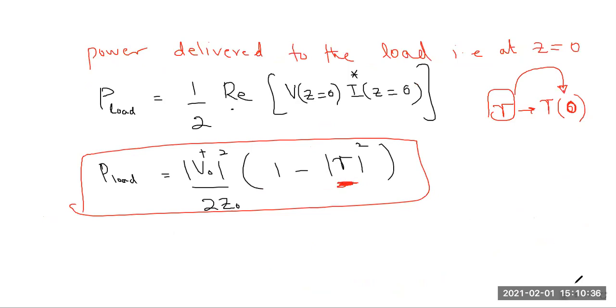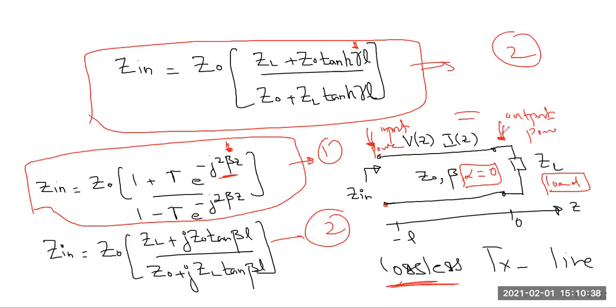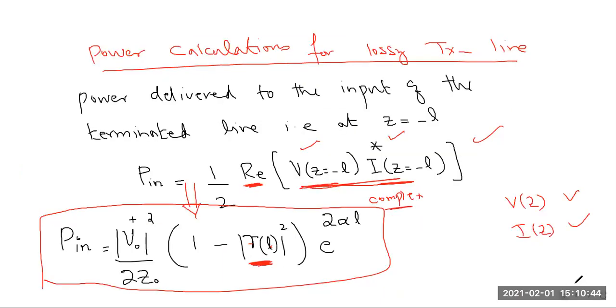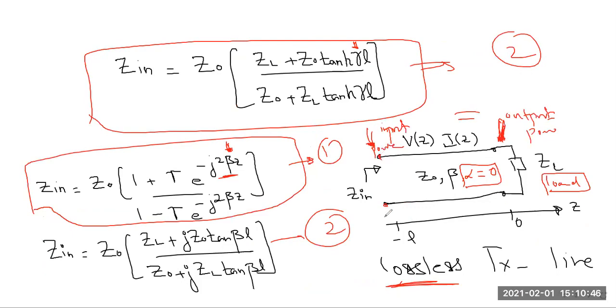This gamma is the reflection coefficient at this position, and this gamma L is the reflection coefficient at this position. So if you are standing over here, you are going to get the reflection coefficient gamma L. And if you are at this point, it is going to be gamma.